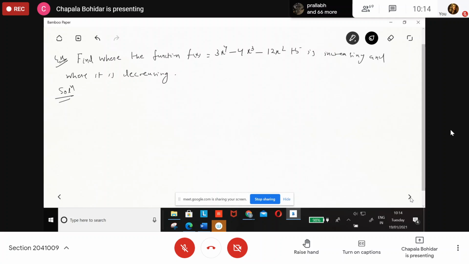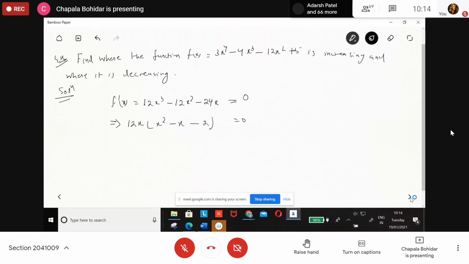To find the critical points, we find f dash x = 12x^3 - 12x^2 - 24x. Put it equal to 0. Then I can take 12x outside: x^2 - x - 2 = 0.